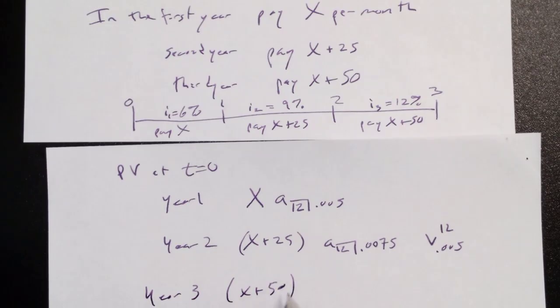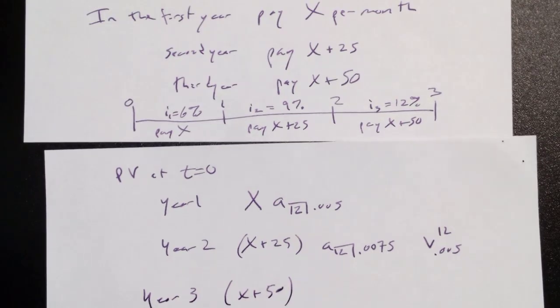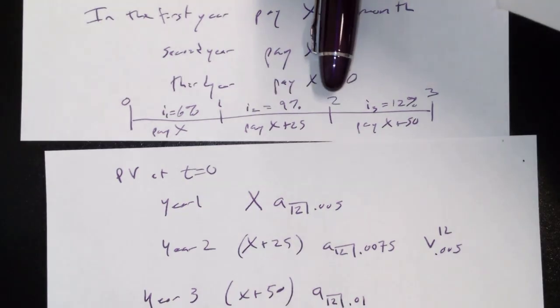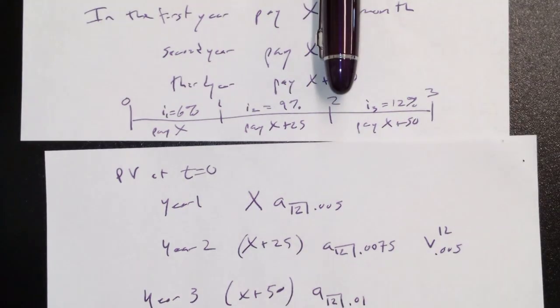There's my payment. If I was just looking at year 3, I'd do the annuity for 12 months at 0.01. But that only brings me to time 2. I need to crank that all the way back to time 0. Well, that means I need to move it from time 2 to time 1, and then move it from time 1 to time 0.